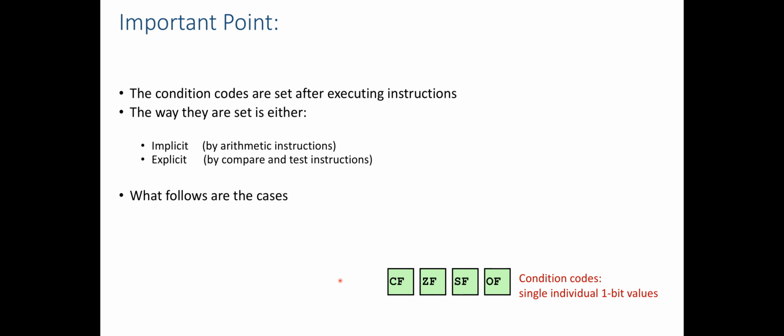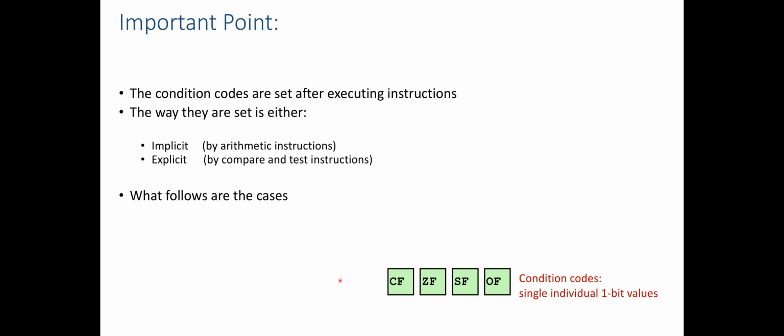So some arithmetic instructions will set them. And then there are some other instructions called compare and test that we're going to look at today that actually set these quite explicitly. So arithmetic instructions will implicitly set them, and compare and test will explicitly set them.